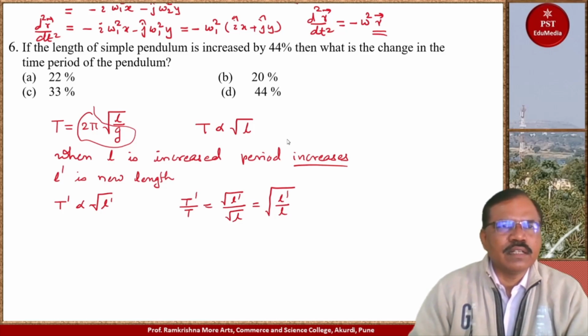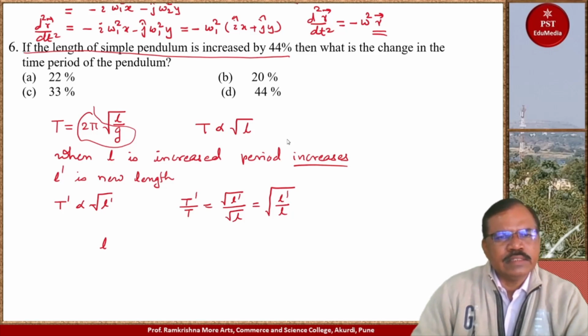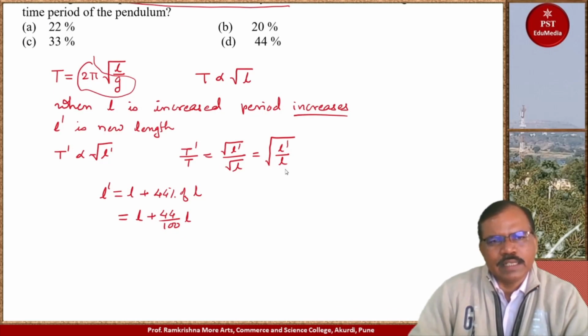Now what is the new length? If the length of the simple pendulum is increased by 44%, what is L dash? L dash is L plus 44% of L. 44% means I can write L plus 44 upon 100 into L. So length increases by 44%.